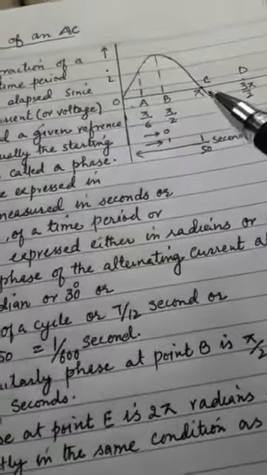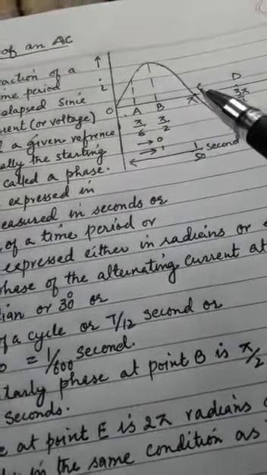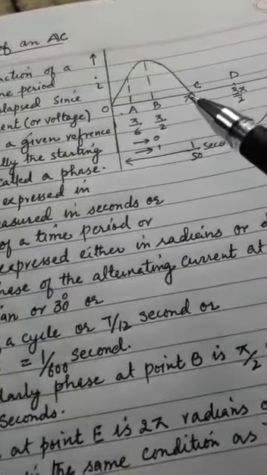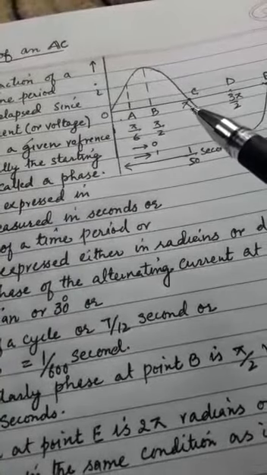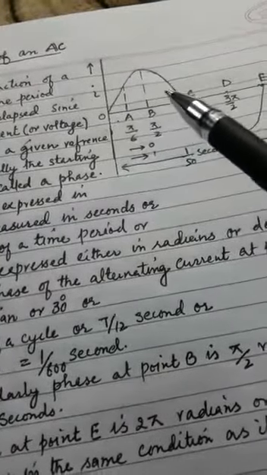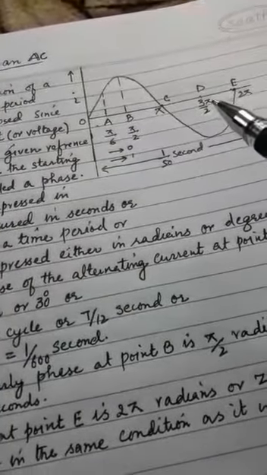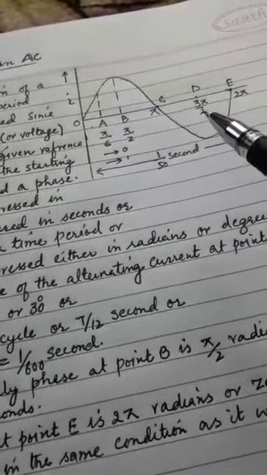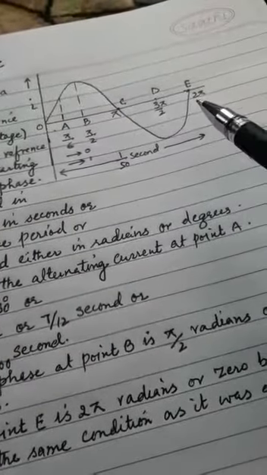And what about the phase at position C? That is given to you as pi. Pi's value is 180, and this is the half section of the cycle.